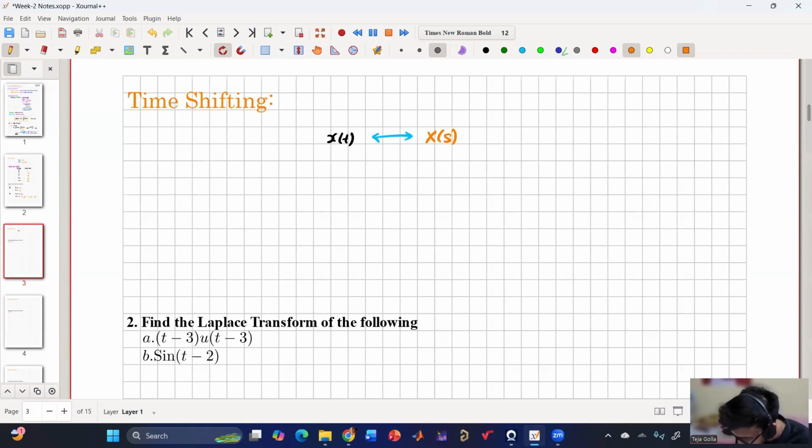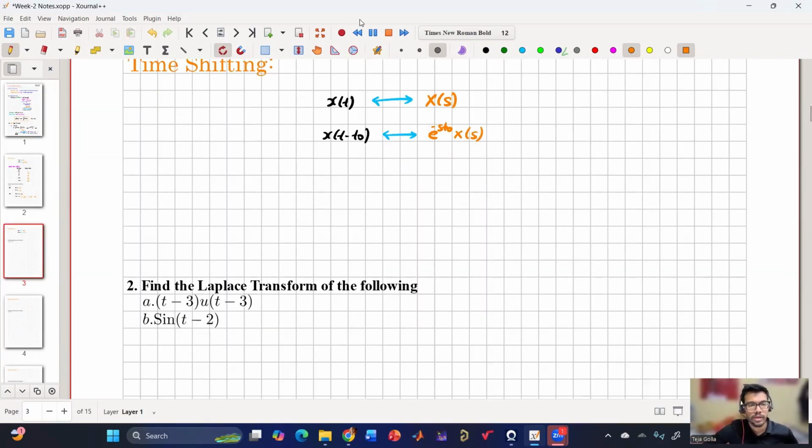Time shifting is x of t minus t naught. Then we'll have e to the power minus s t naught into x of s. So if we are doing time shifting, then it will be e to the power minus s t naught into x of s.